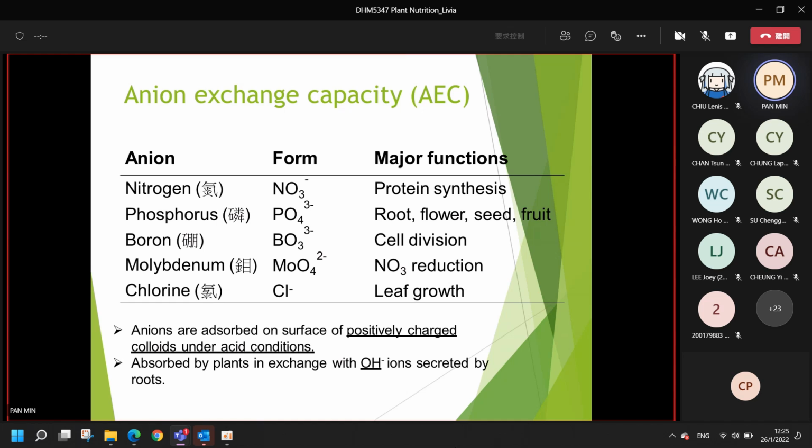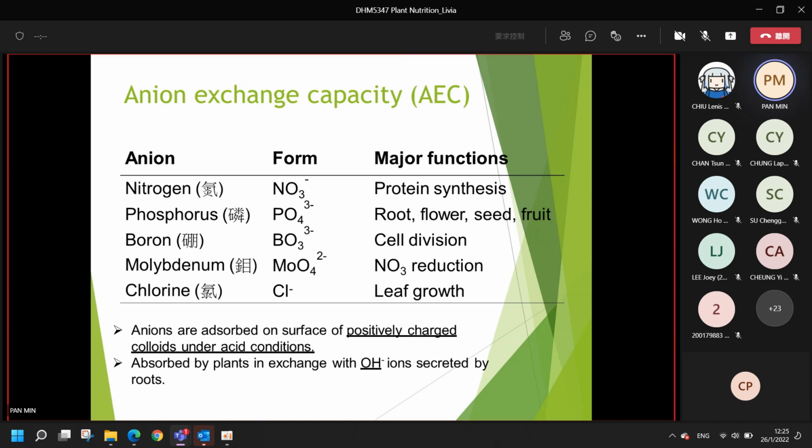Anions are adsorbed on the surface of positively charged colloids under acid conditions, because under acid conditions there are more available binding sites for these nutrient ions in anion form.